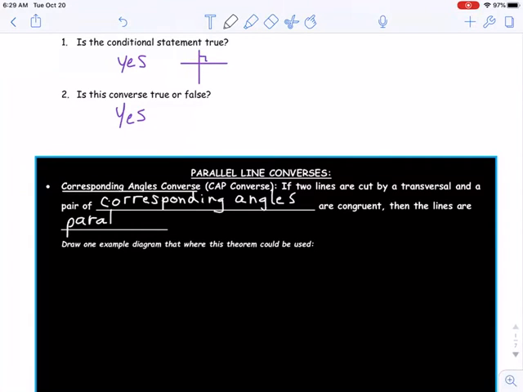All right, so it's literally switching what we had before. The hypothesis was if two lines are parallel. That's how they all started. The lines had to be parallel for all those theorems to be true. Now we're going to say, well, what if angles are congruent? What does that make the lines? And in fact, they're parallel.